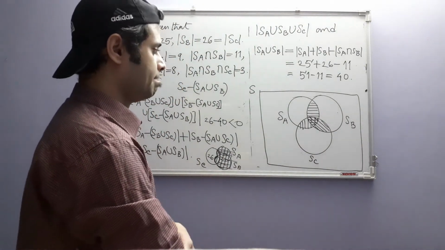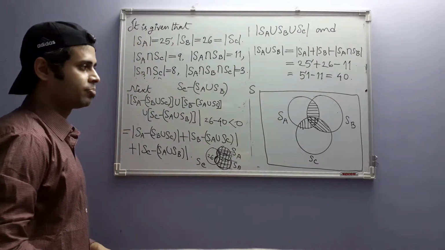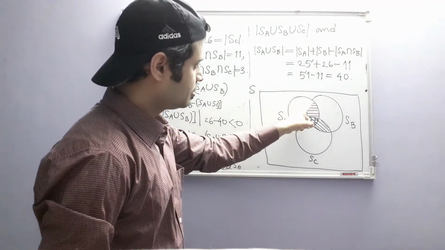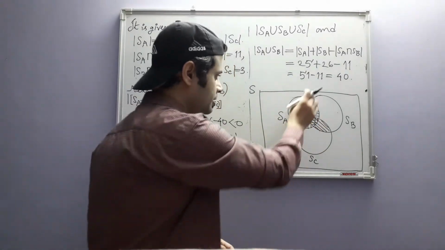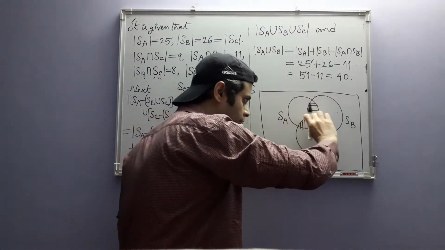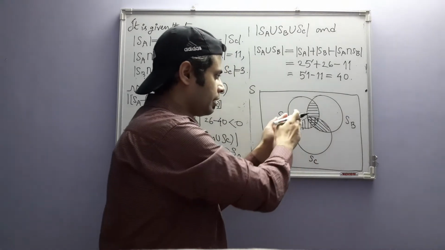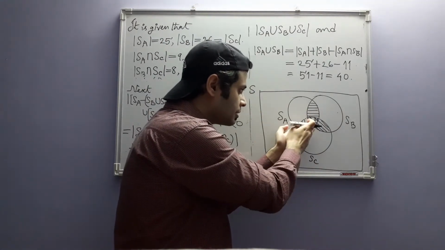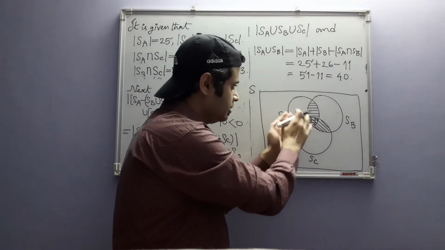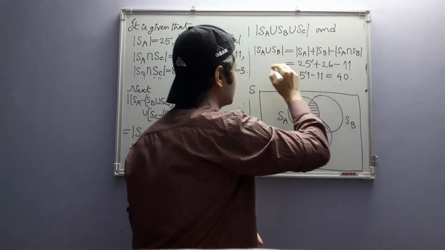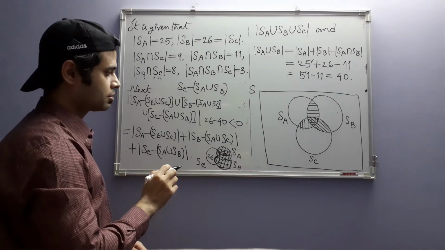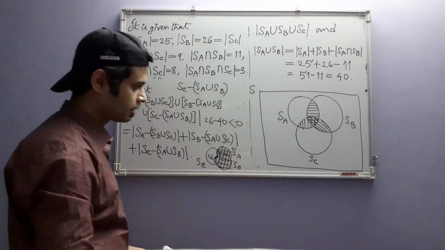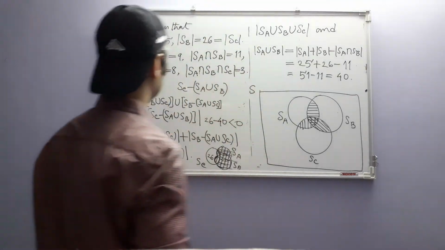So if I find the cardinality of the union of these three sets, then I can subtract this cardinality from the one we have found, which is... I forgot what it was.